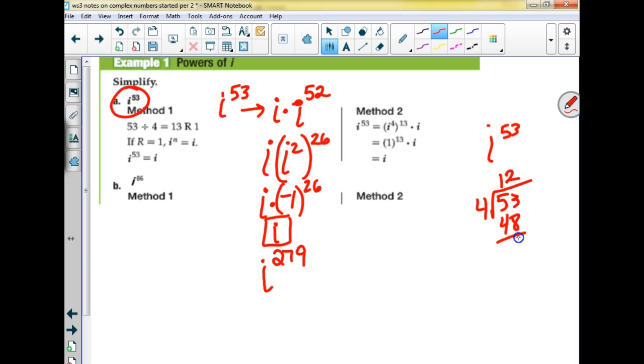Well, you can do 13 is 52. So you have 1 is the remainder. So that's what's left is one I. Okay. My issue is if the remainder is 3, then I have to figure out what I to the 3rd is. And I only memorized I and I squared. So you can do it either way.